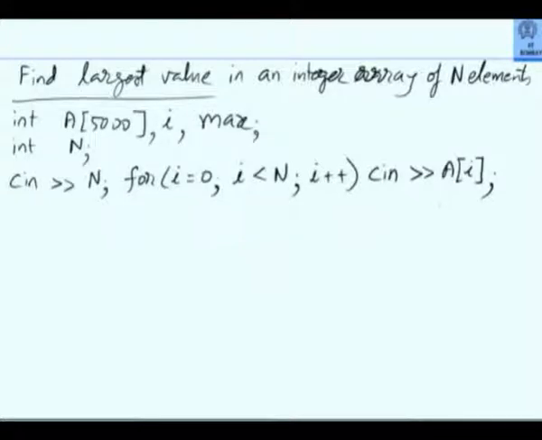Just tell me whether this part of the program will read n elements in the array or not. I am reading the value of n and I am setting up a loop for I equal to 0 to n minus 1, input ai. There is only one problem. As a professional programmer, after reading n, but before setting up a for loop, I should check whether n is less than 5000 and n is greater than or equal to 0.